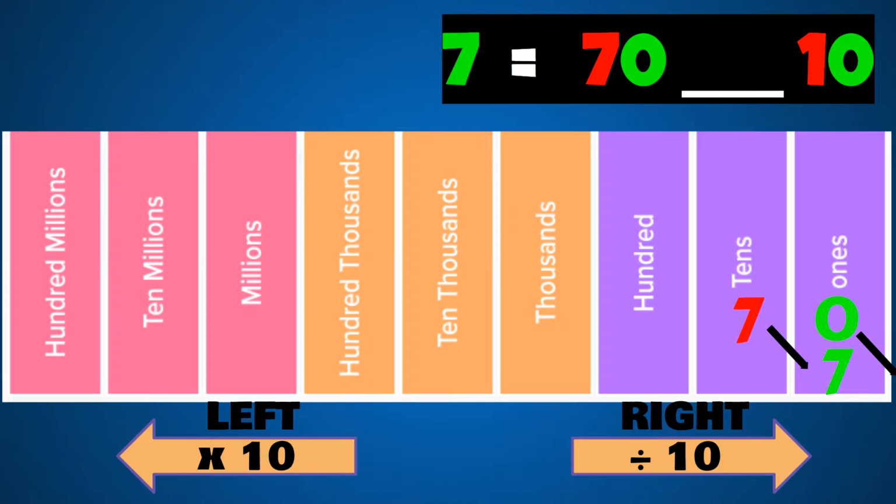So if we look at the arrows and how we get the 7 in the 10 spot to the 7 in the 1 spot, we need to go right. So we must have a division symbol for this equation to make it true. So 7 equals 70 divided by 10. Both sides are equal. So good job. Let's go to our next one.